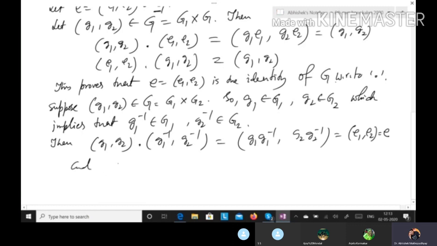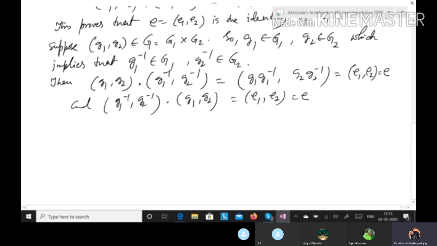And similarly, doing it from the other side, it would be again (e1, e2). So this implies the inverse of (g1, g2) is (g1 inverse, g2 inverse), which is again in G.